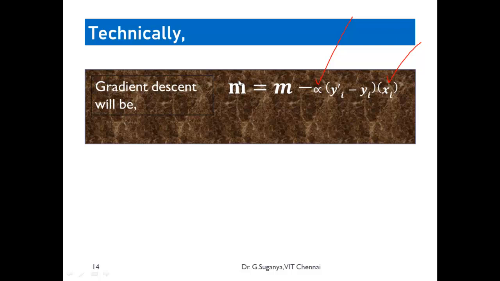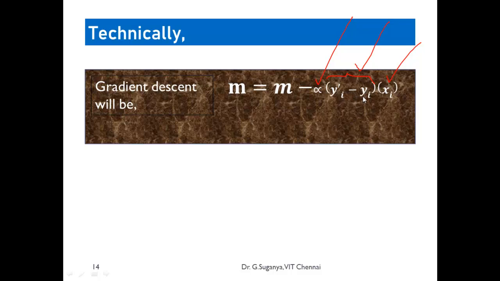If you have 5 attributes, then attribute 1, attribute 2, attribute 3, everything will have differing weights, and hence this formula has to be applied for all the different attributes, right? Yi dash minus yi is what we call the difference, that is the predicted output minus your actual output.